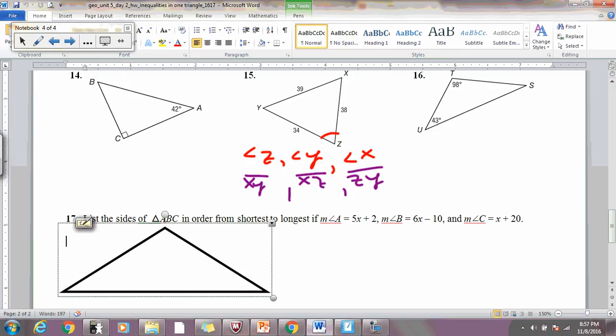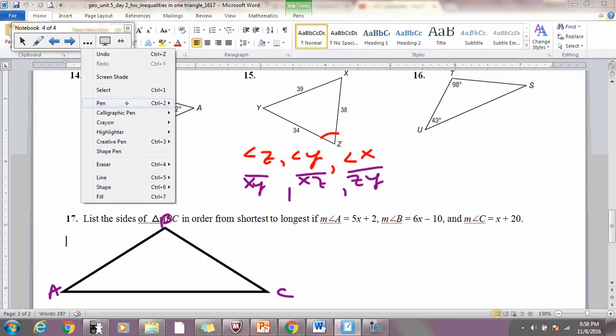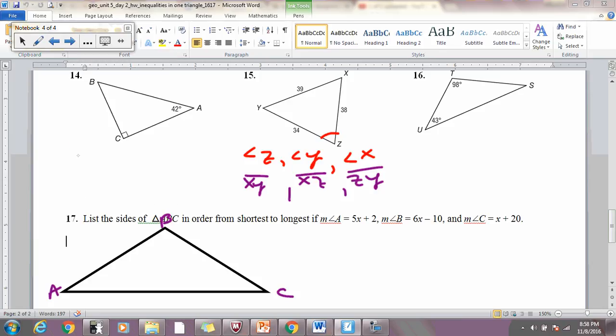All right, and then label the sides A, B, C, and insert the algebraic expressions in the appropriate corners. So 5x plus 2, 6x minus 10, and x plus 20.